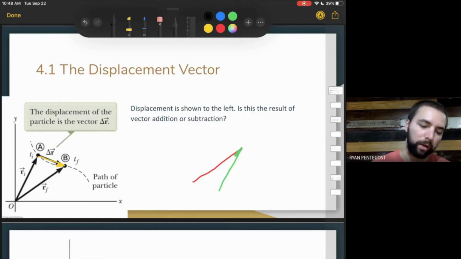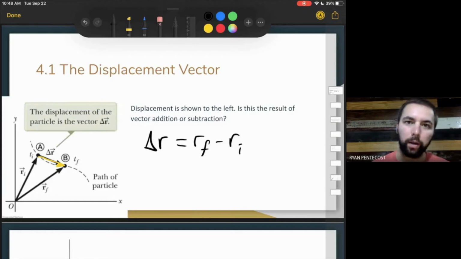So vector subtraction is how you can find displacement in this case. If we want to find the displacement of an object, delta r, that would be RF minus RI, right? Or in this class, I've mostly been using R naught. I use naughts instead of I's. So we have RF minus R naught.